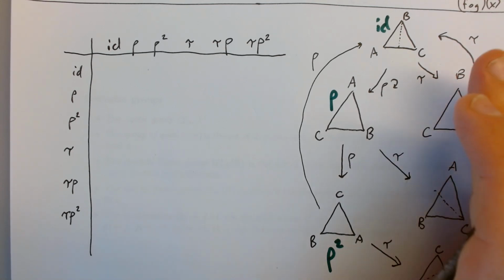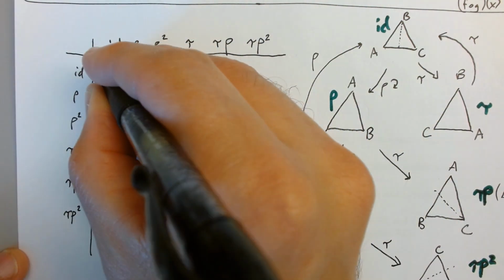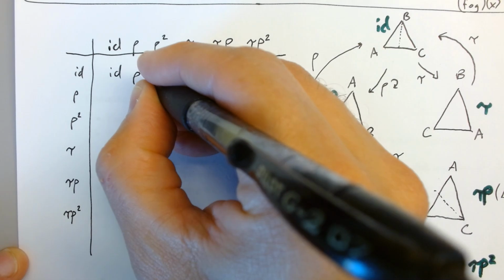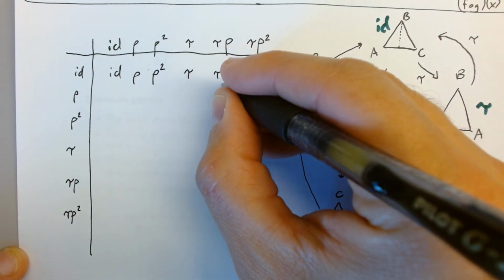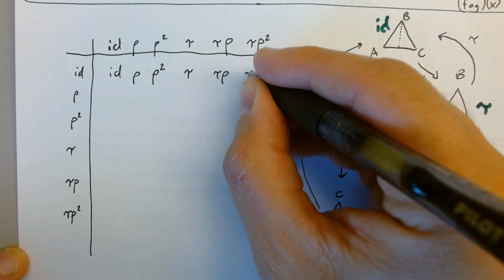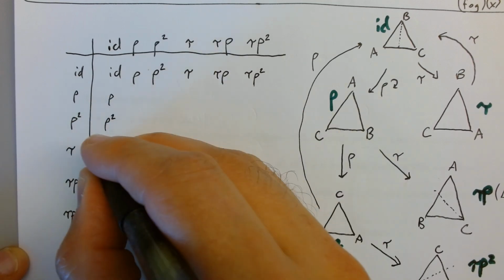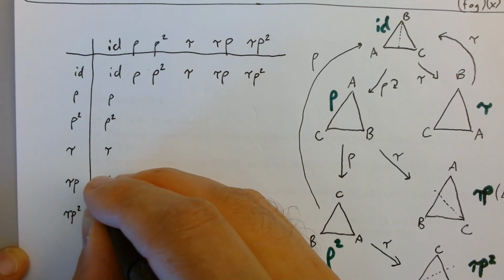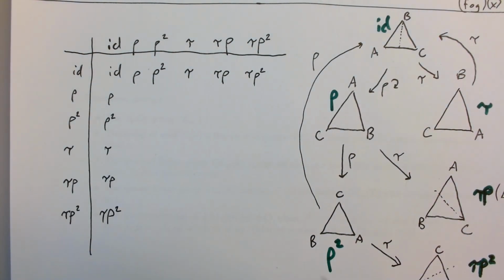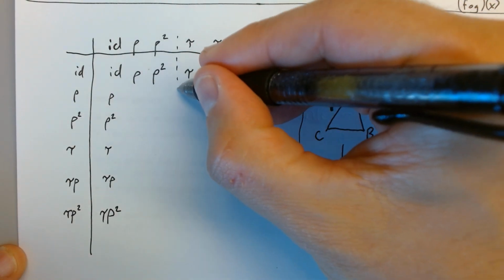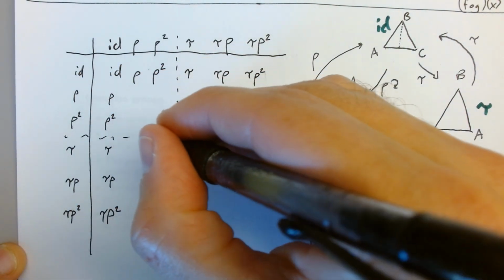If I don't use any of the taus, then these just cycle through each other. So the identity, I'll go ahead and do the identity with everything. Obviously the identity followed by any operation is just that operation. Okay, but I'm going to separate this into 3 by 3 chunks.